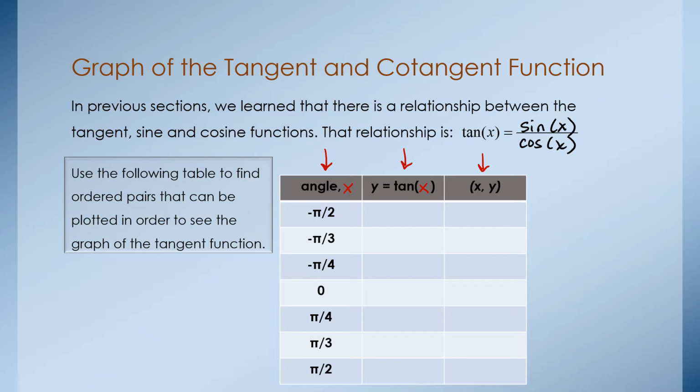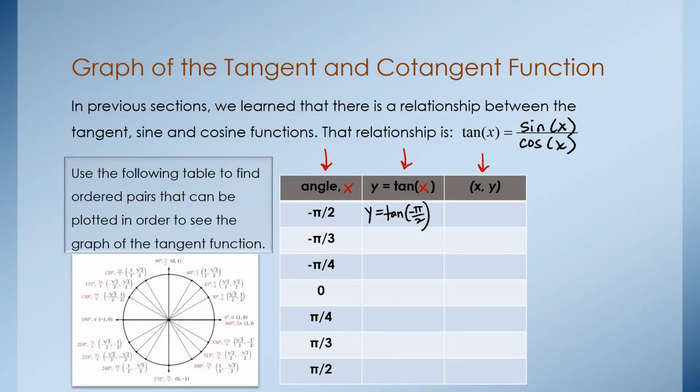Now, let's do the first one. I would have y equals the tangent of negative pi over 2. Now, of course, that's equal to the sine of negative pi over 2 divided by the cosine of negative pi over 2. And what is the sine and the cosine of negative pi over 2?